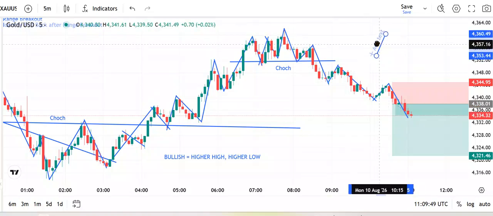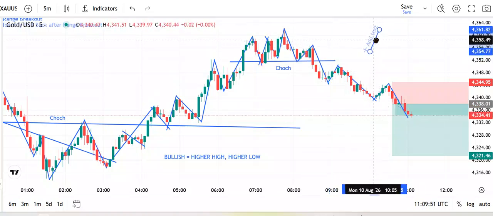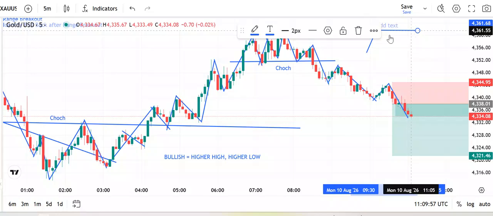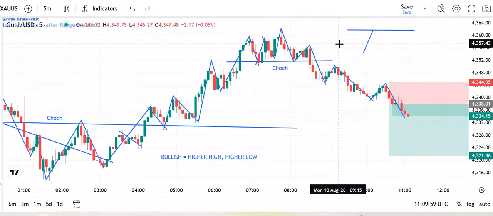It could be 100 pips, it could be 50 pips, it could be 10 pips. Okay, measuring from here to here.